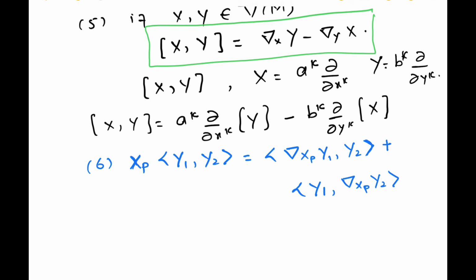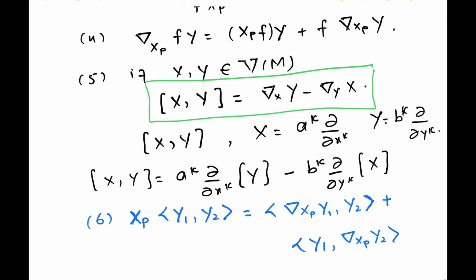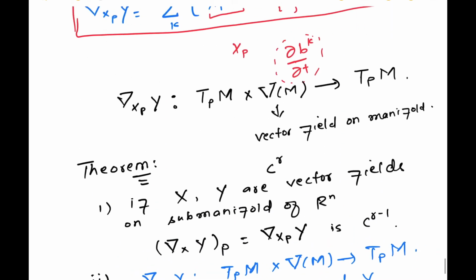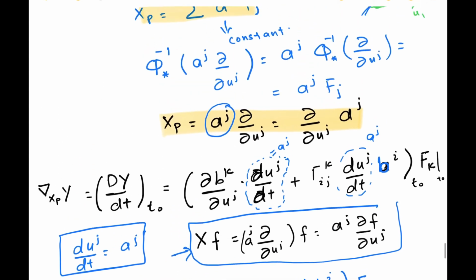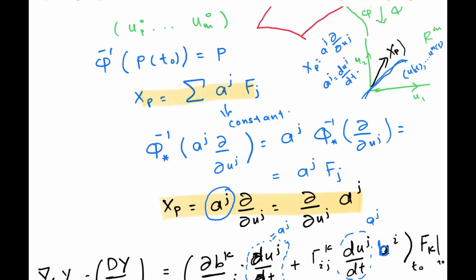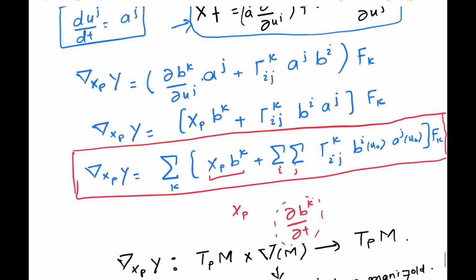So these are some properties of this linear mapping, or this covariant derivative at a point of a tangent space. All these properties arise once we start doing things along this vector xp. Okay, so we stop here.